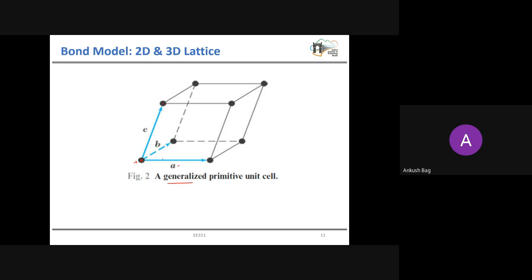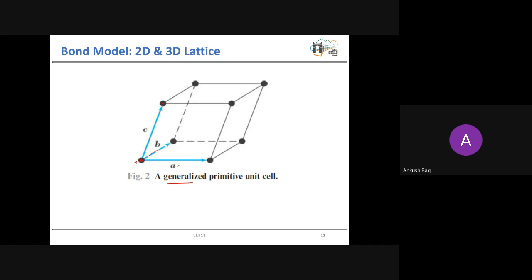Depending on that, we could have different types of crystal. So for different materials we have different crystals, not only in terms of the absolute value of the distances a, b or c, but another factor is the angle between these three vectors.